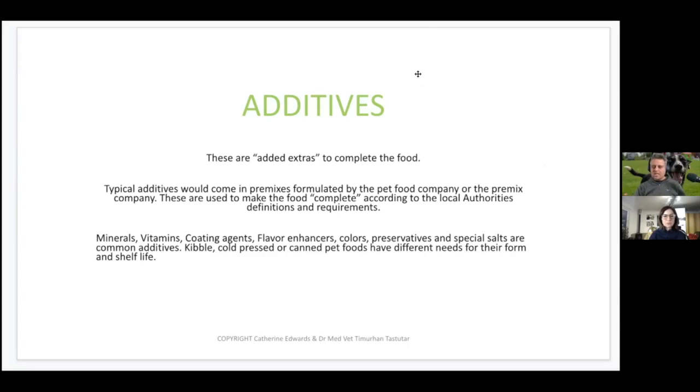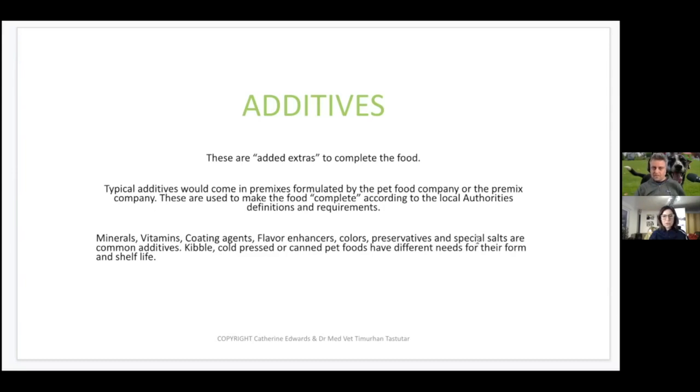It can be minerals, vitamins, coating agents, flavor enhancers, colors, preservatives, special salts. We will talk about that. That's an important one. Those are the typical common additives, and they have to be on the label. There are some additives which are not on the label, and we will talk about that later too.